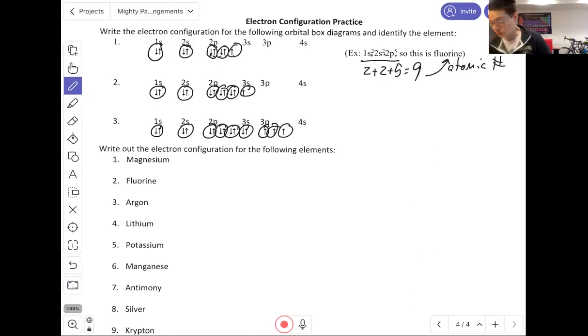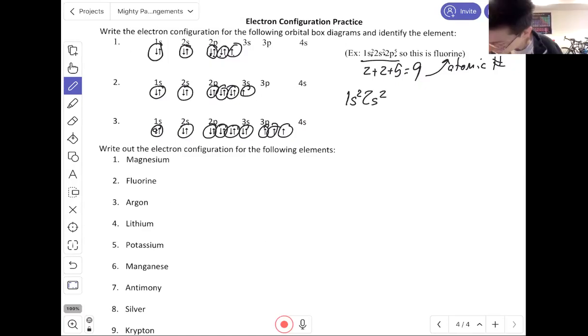So the next one, if I were to write out the electron configuration for what's there, where do I start? What do I start writing? 1s2, 2s2, 2p6, and 3s1.